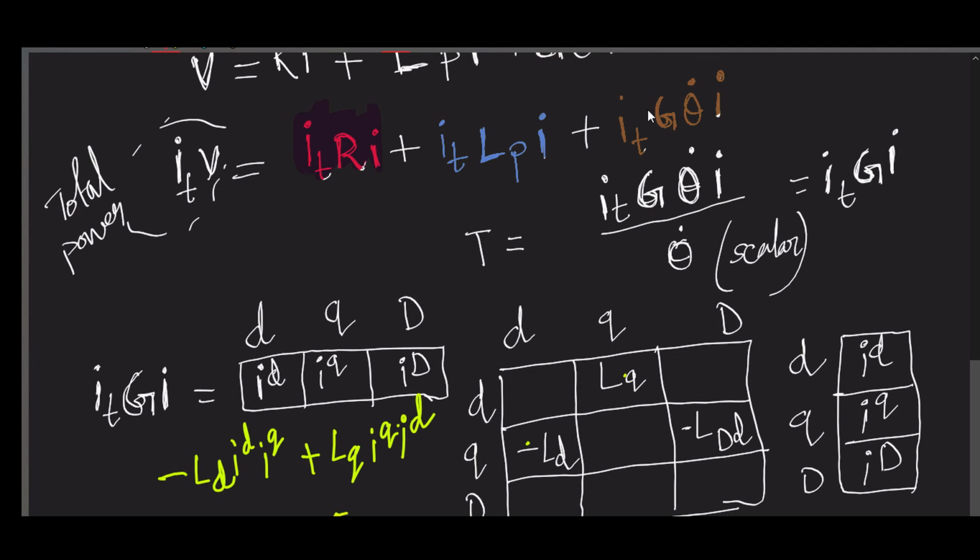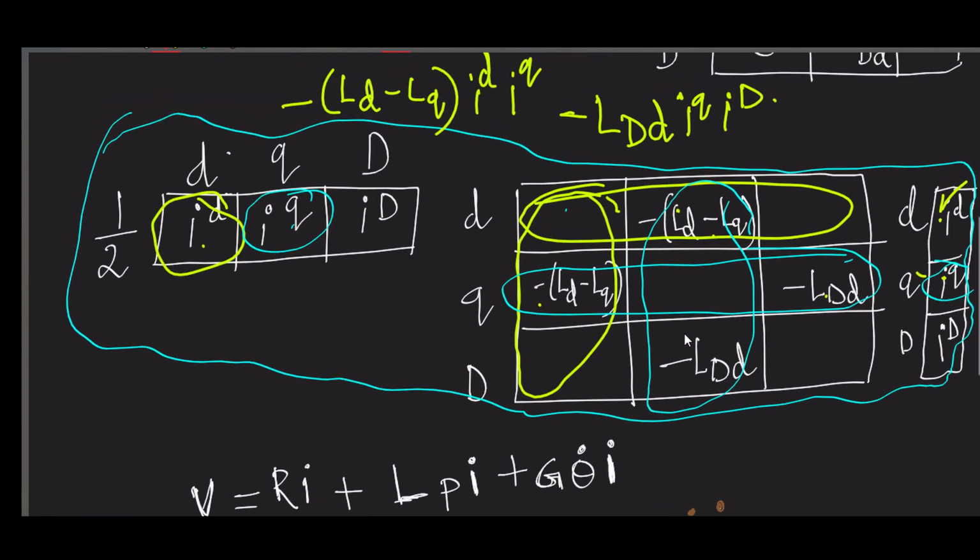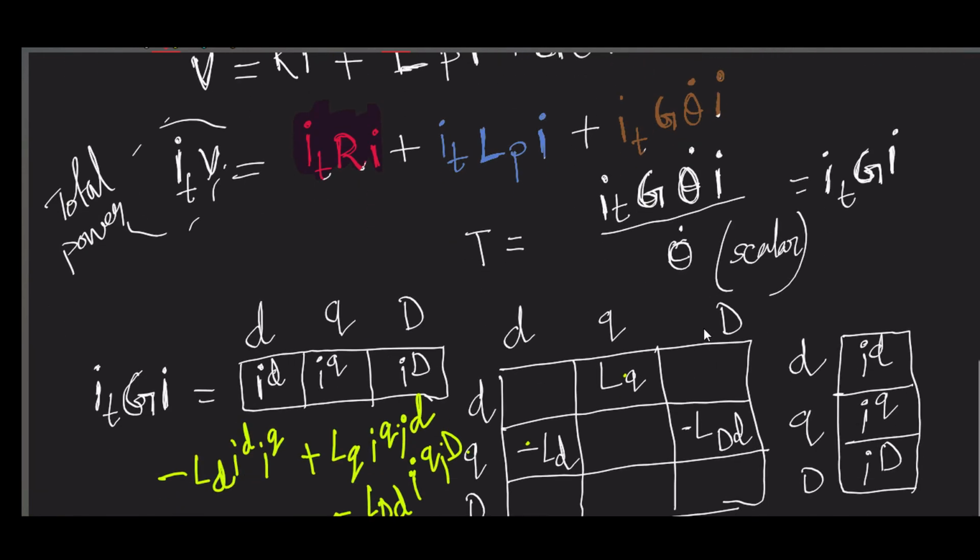and minus Ld Iq Id. So although G is not equal to del L del theta, the torque calculated from these two ways, we are getting the same amount of torque, right?